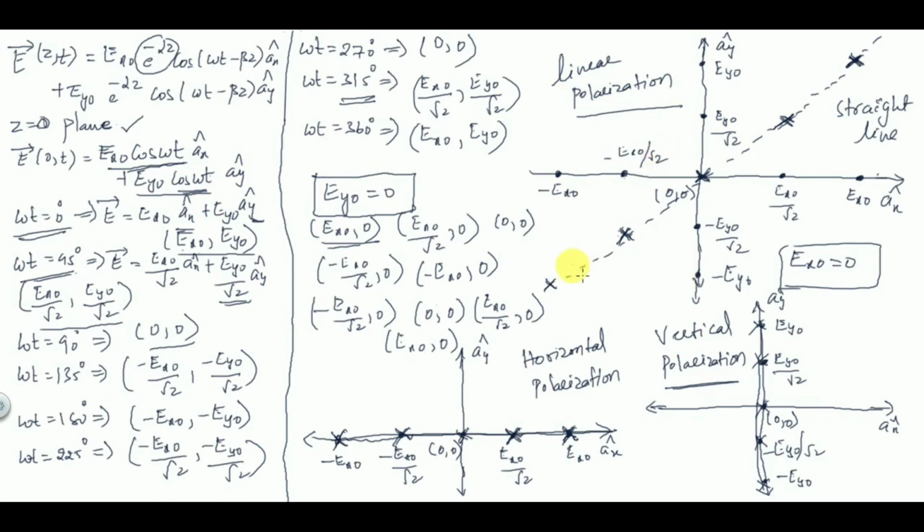So the wave will travel in this direction only, along this straight line only. This is called linear polarization. And if the y component is 0, you'll get horizontal polarization, and if the x component is 0, you'll get vertical polarization.